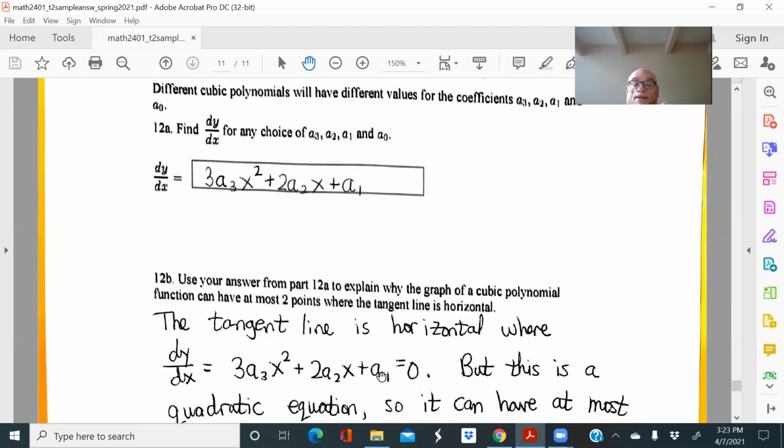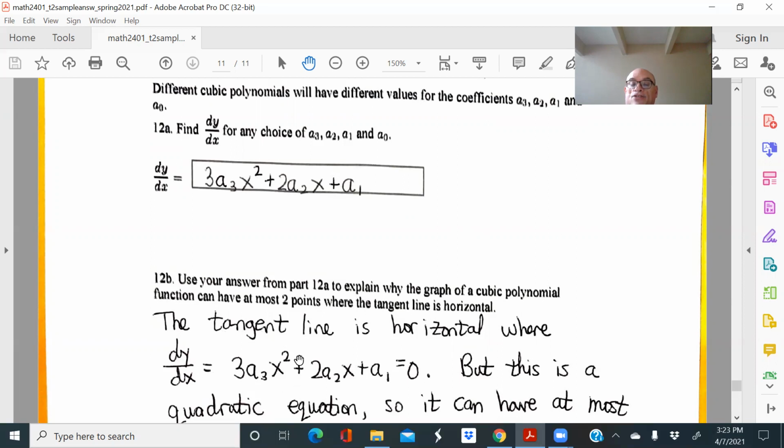Of course, this equation is going to have different solutions depending on our choice for a3, a2, and a1. But no matter what choice you have for a3, a2, and a1, you can have at most 2 solutions to this equation, because this is a quadratic equation.